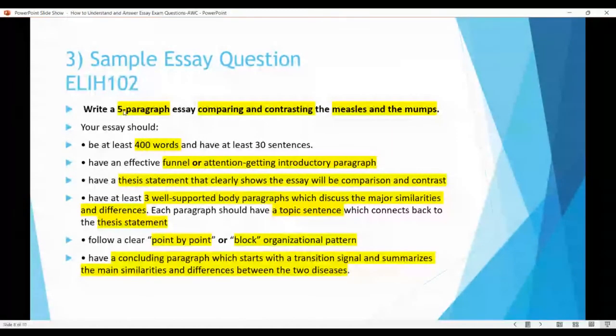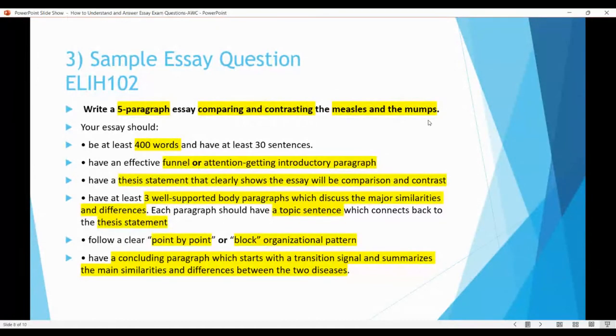So the first thing that you need to highlight is 5 paragraphs. How many paragraphs do you need to write? 5 paragraphs. So you need to underline or highlight because it's a keyword here. And then what are you supposed to be doing? Comparing and contrasting. Again, important word. So it must be underlined and highlighted. Now, about which disease? Measles and mumps.